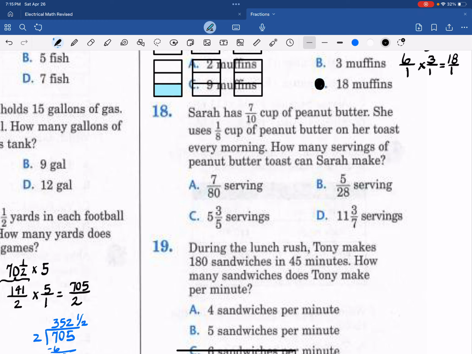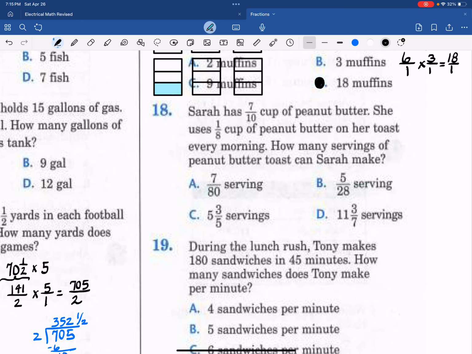Sarah has 7/10 cup of peanut butter. She uses 1/8 cup of peanut butter on her toast every morning. How many servings of peanut butter toast can Sarah make? So we're going to take that 7/10 cup and we're going to divide it into 1/8 increments.